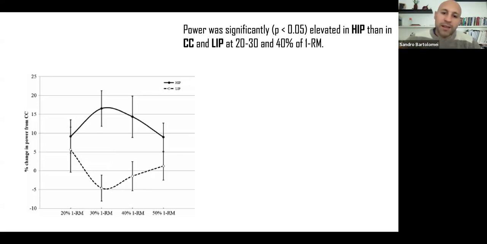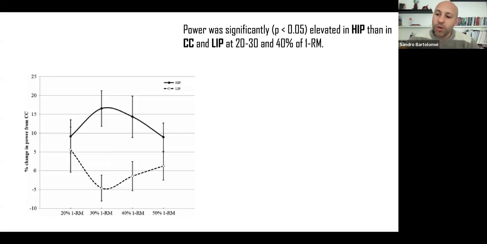While in the other condition, the amount of total force was lower because it was a low isometric pre-activation. So the total amount of load, the load on the bar and the isometric pre-activation, was lower compared to the high isometric pre-activation. Okay, the two conditions.